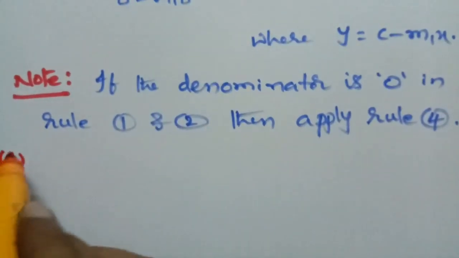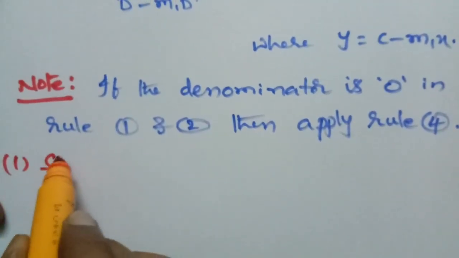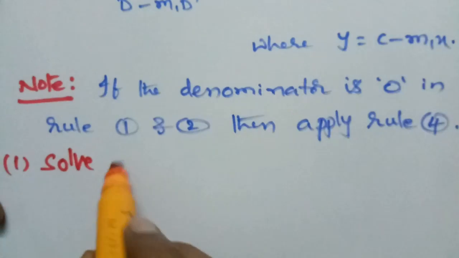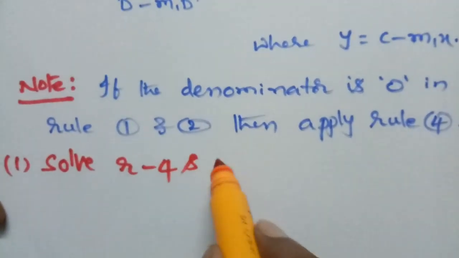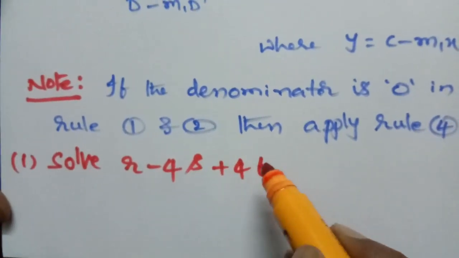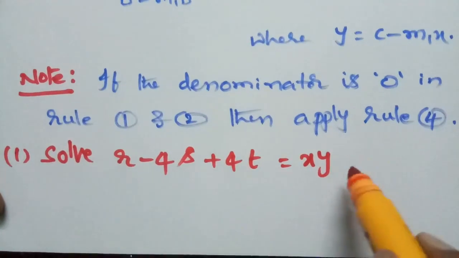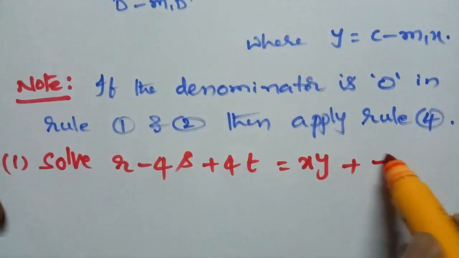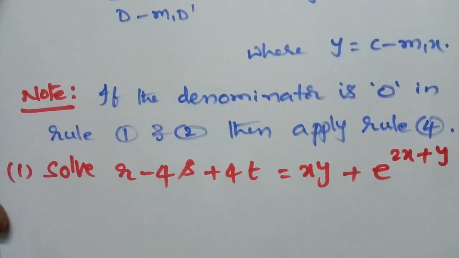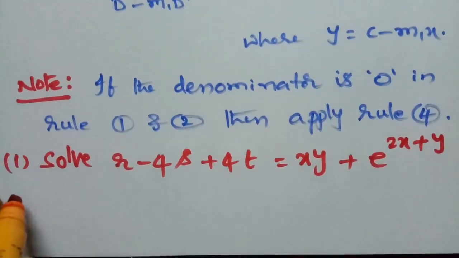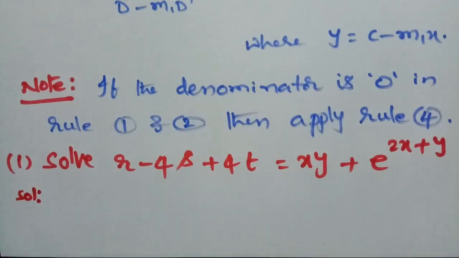Now problem number 1. Solve r minus 4 into s plus 4 into t is equal to x into y plus e to the power of 2x plus y. Therefore solution.